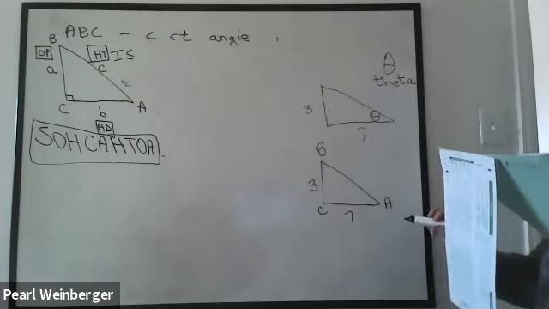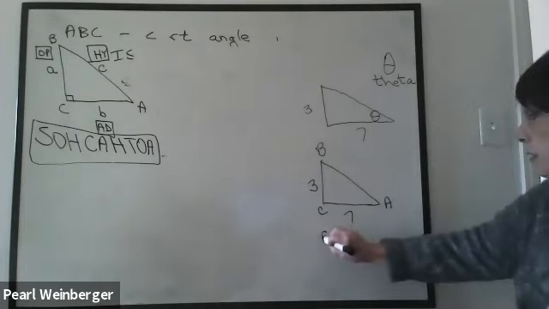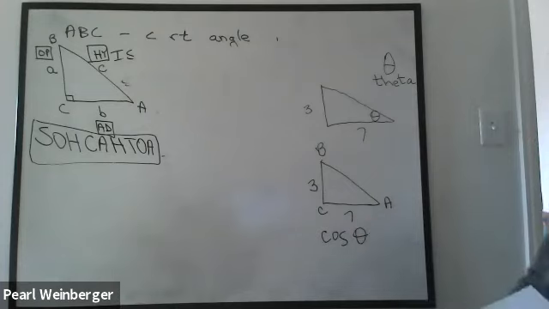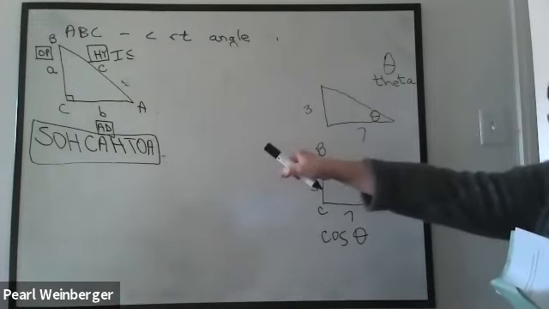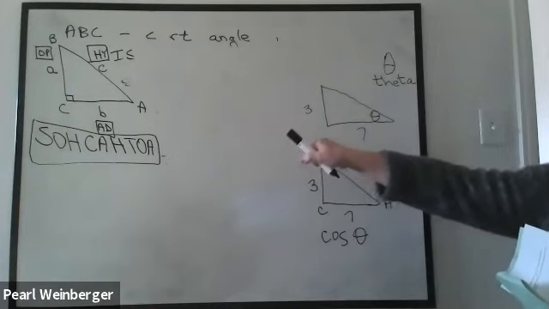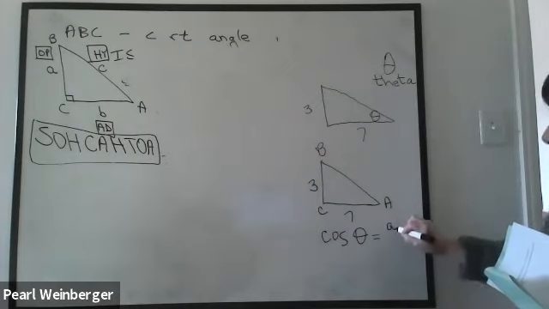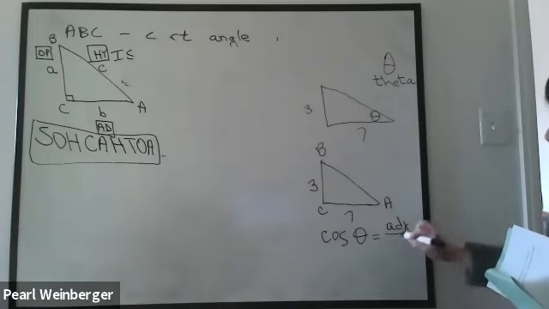The question here is to find cosine theta. Okay, so we're going over here and we want to find cosine theta. So how do I find cosine theta? I remember my mnemonic device, SOHCAHTOA. CAH. CAH is cosine. It's adjacent over hypotenuse.